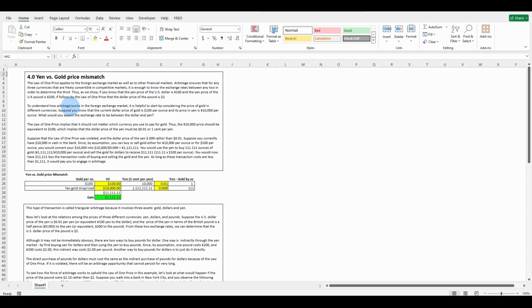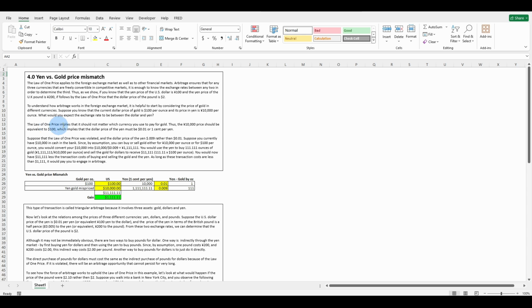To understand how arbitrage works in the foreign exchange market, it is helpful to start by considering the price of gold in different currencies. Suppose you know that the current dollar price of gold is $100 per ounce, and its price in yen is 10,000 yen per ounce. What would you expect the exchange rate to be between the dollar and the yen?